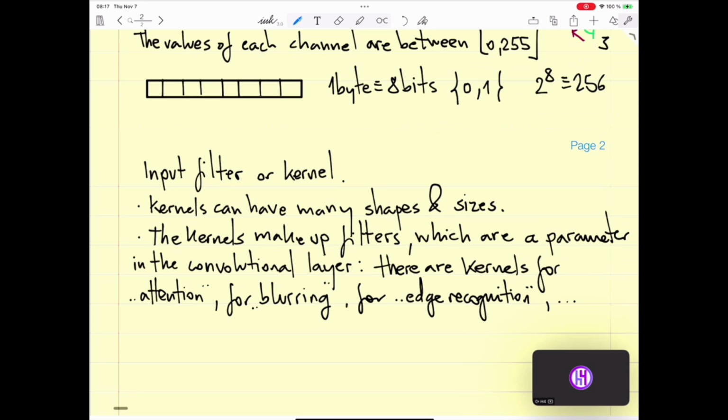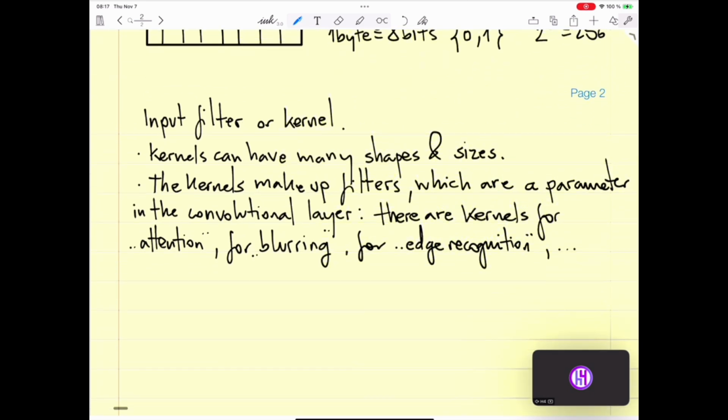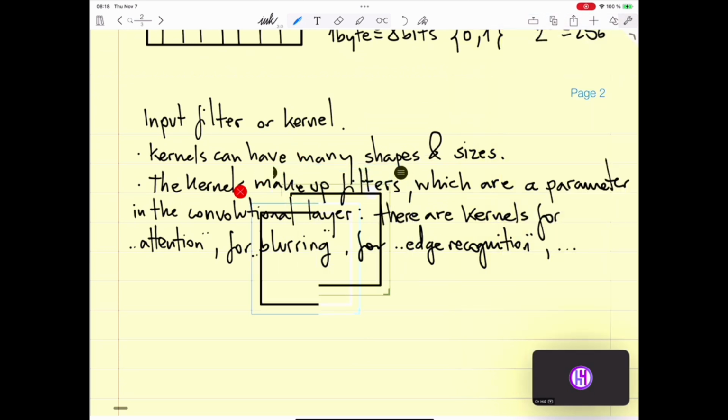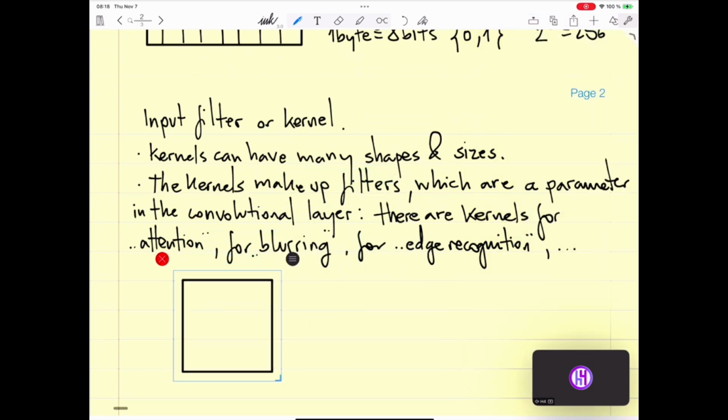Let's look at some examples, and it will be quite intuitive, I think. So this kernel is called the corners kernel. I'm just going to paint a 3x3 because it's easier. Of course, it can be bigger or smaller. So our corner kernel looks like this.